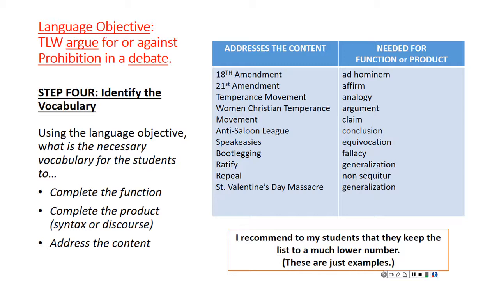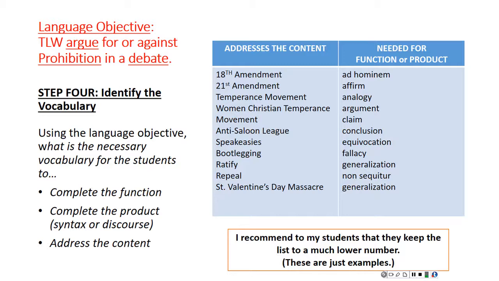But when you're talking about the vocabulary that you're going to use in a lesson, or you're going to emphasize in a lesson, think in terms of what kind of vocabulary you need in order to complete the function, complete the product, and address the content. It could be that you don't need all these types. It could be that you only need vocabulary from the content, or only from the function or product.